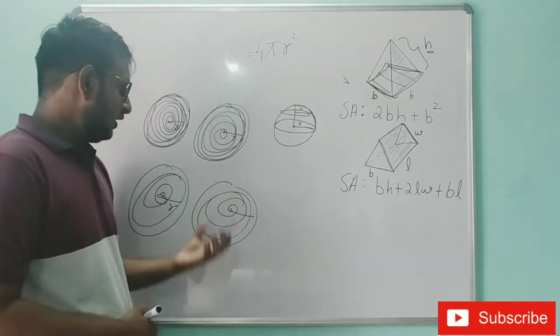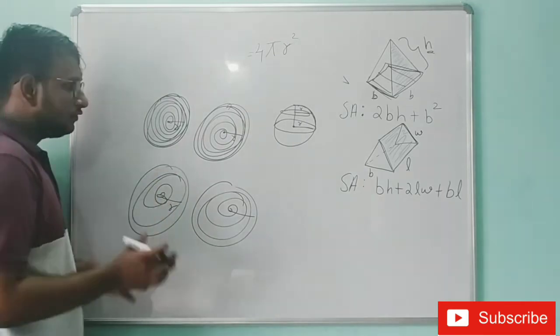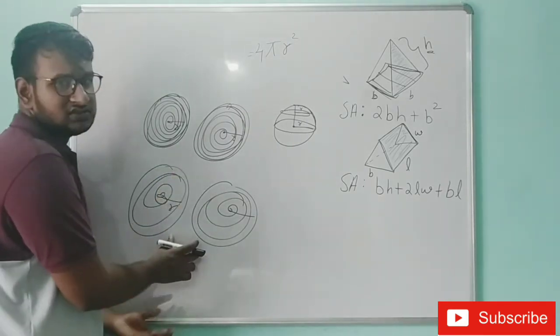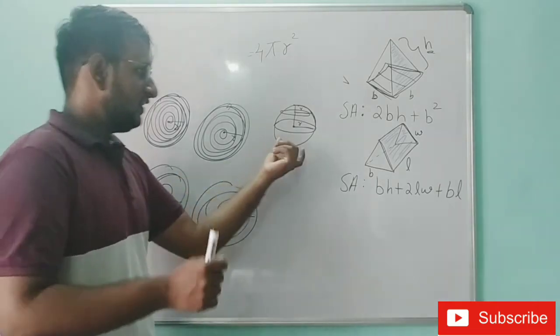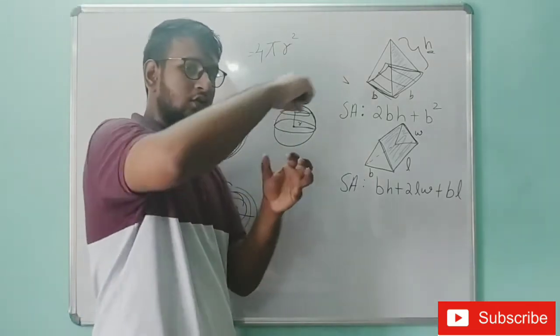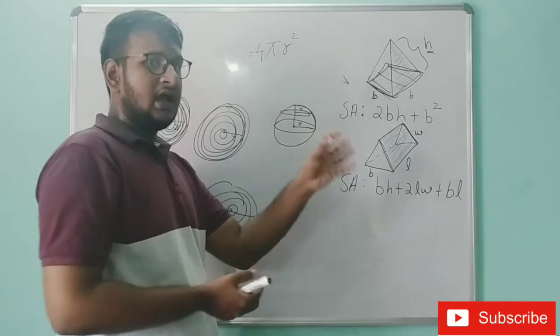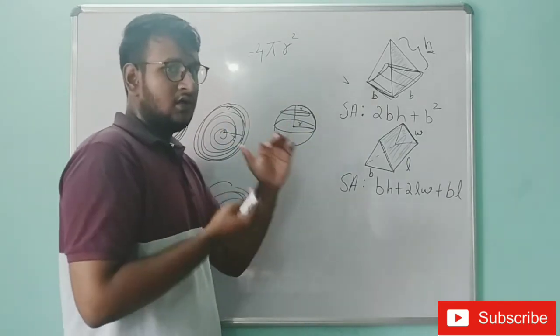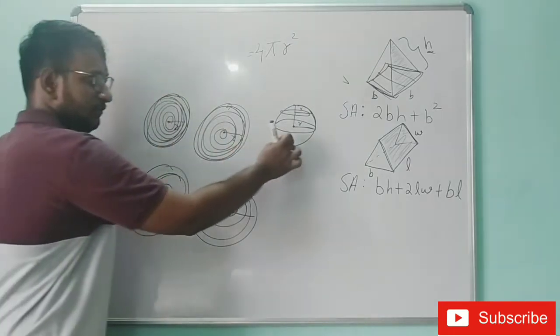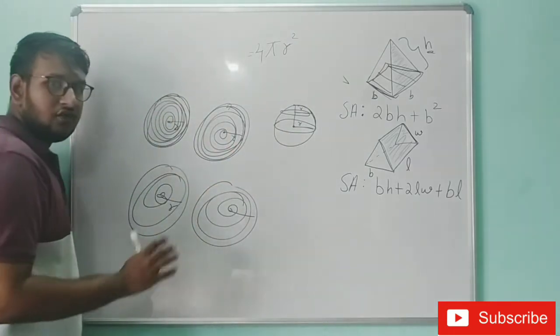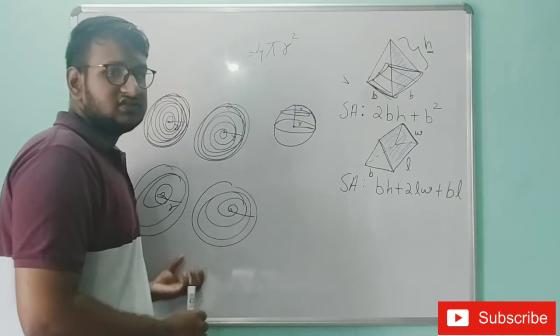So eventually I will be able to fill only these 4 circles, not less, not more. So if we cover a complete sphere with the thread and then use this thread to fill circles with the same radius R, we can fill 4 circles.